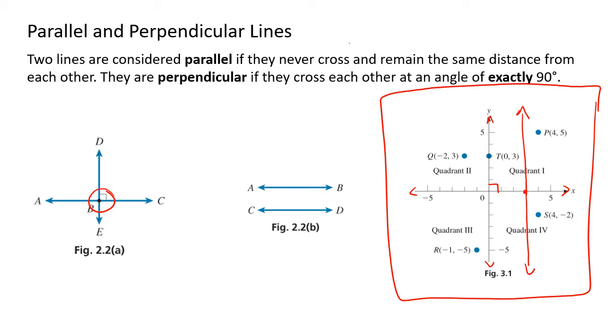So this distance would be 2, because this point's at x equals 2. This distance would be 2 forever, extending indefinitely for a line. That is what it means by two parallel lines. In other words, they don't have any slight angle or any variation with respect to the other line.